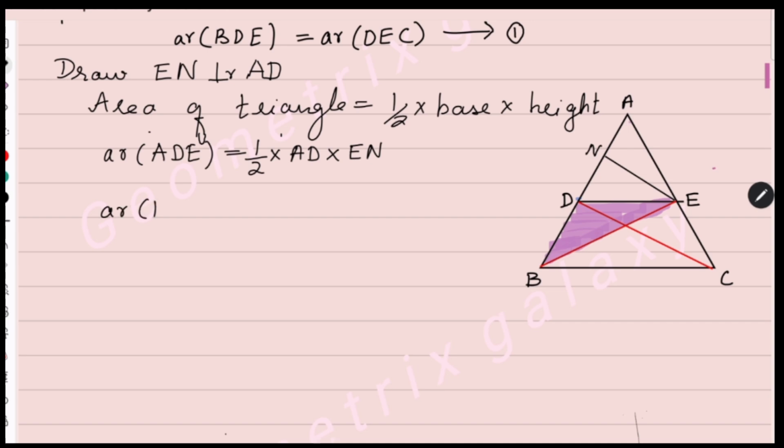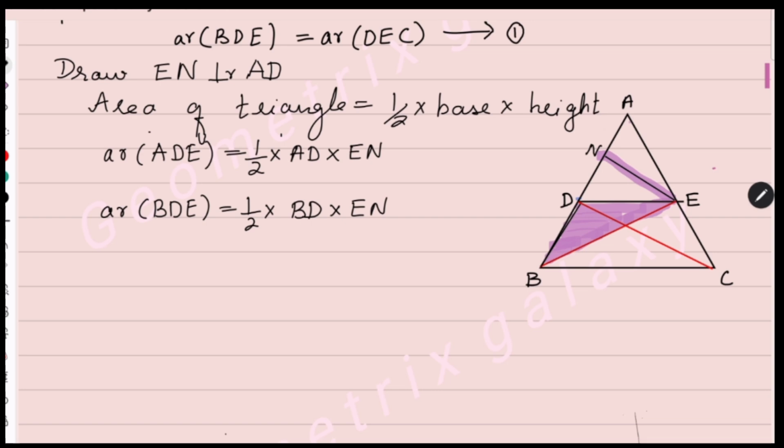Area of triangle BDE is equal to half into base BD and height EN. This is the height of triangle BDE because BDE is an obtuse angle triangle, and the height of the triangle lies outside the triangle. Therefore, the height is EN.